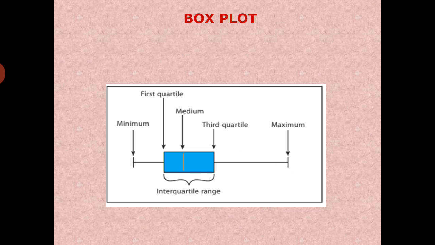A box plot is the visual representation of the statistical five-number summary of the given data set. A five-number summary includes the minimum, first quartile, median, third quartile, and maximum.